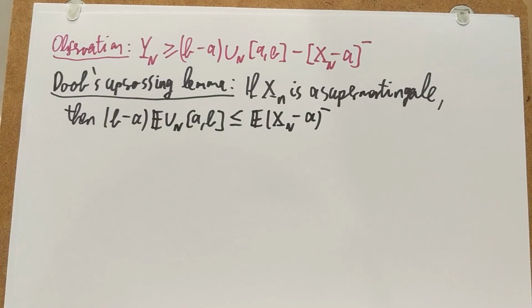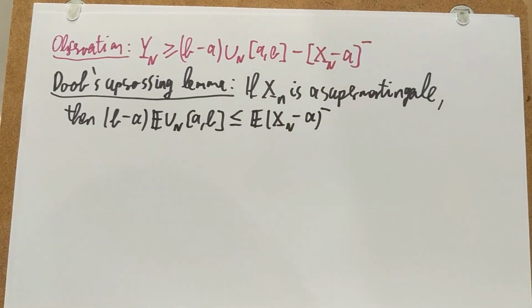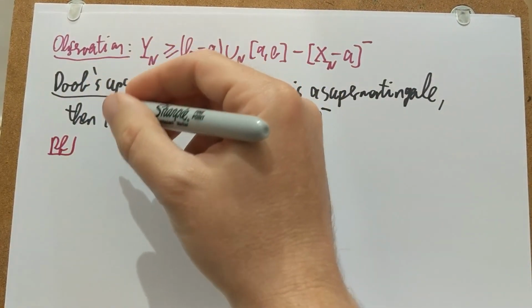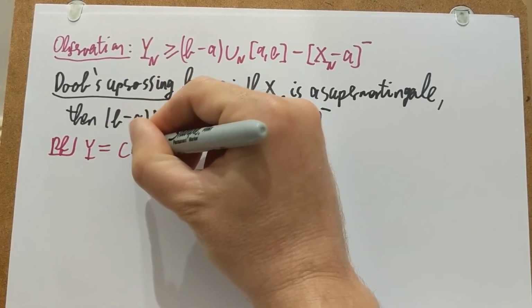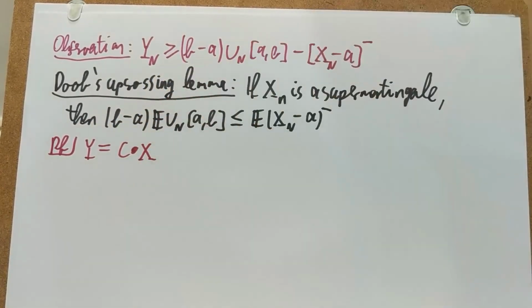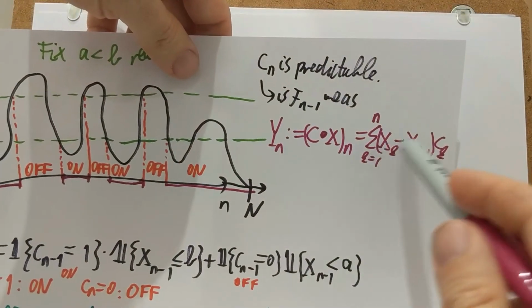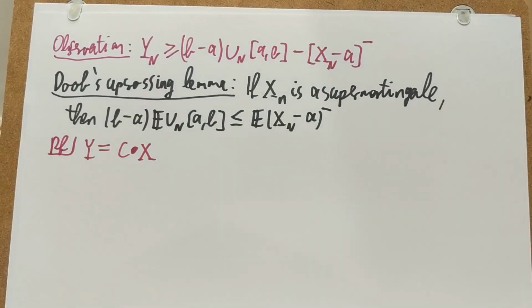To prove it, all I need to do is refer back to the statement here and stuff we have seen before. I look at Y, which was C bullet X. Remember, Y was defined as C bullet X, the martingale transform of X with this on-off process C_k.